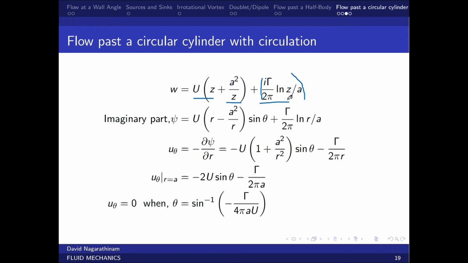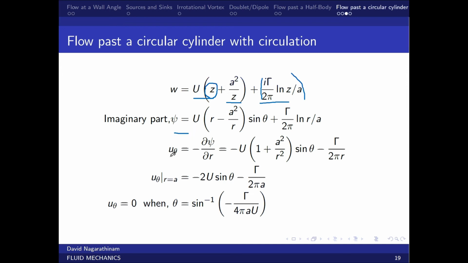Essentially, we have the complex potential, which can be expanded by writing z in terms of polar coordinates. That is, z is essentially r e to the power i theta, and hence we have the stream function being represented by this particular form.